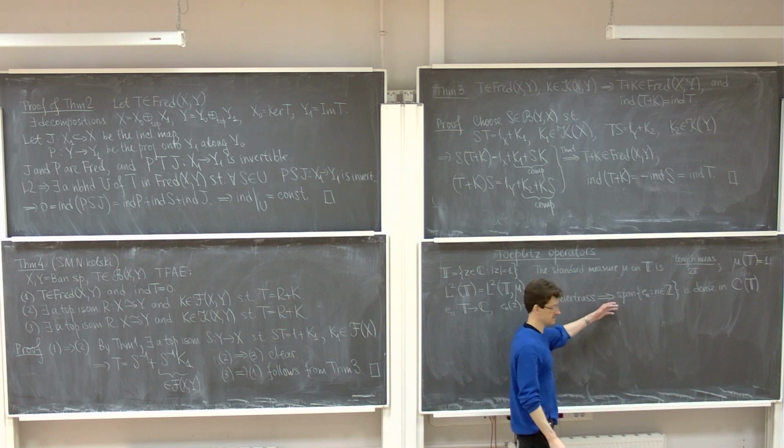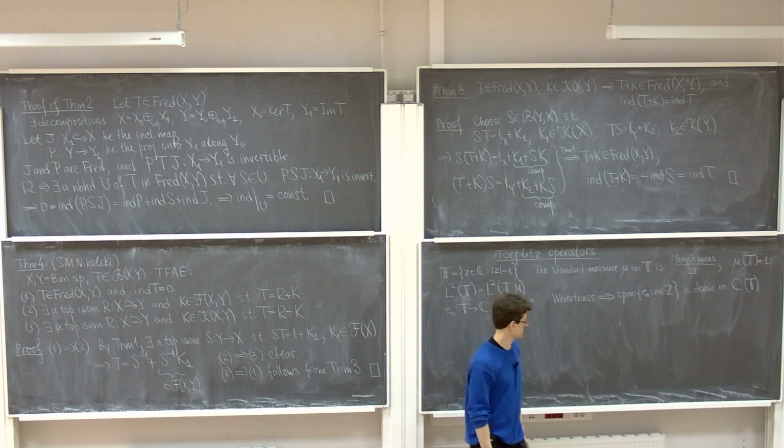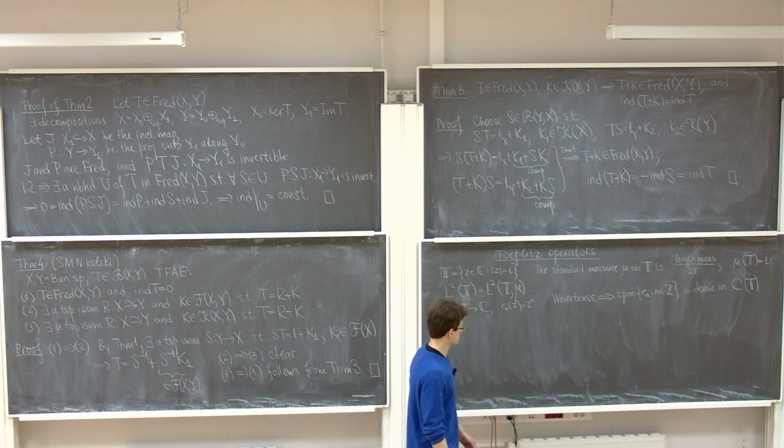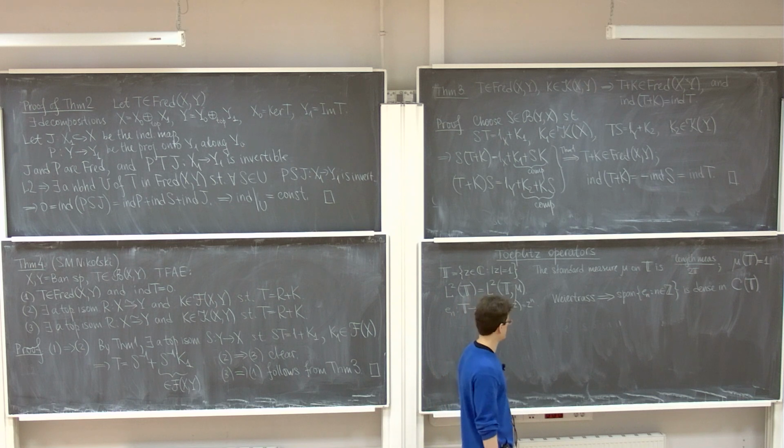This linear span is the space of trigonometric polynomials. This is the same as the space of all Laurent polynomials on the circle. So it is dense in C of T by the Weierstrass theorem.